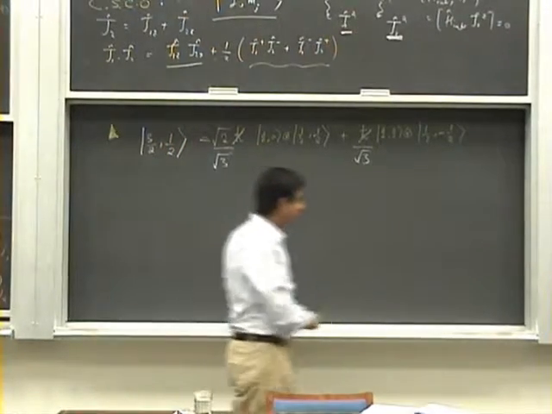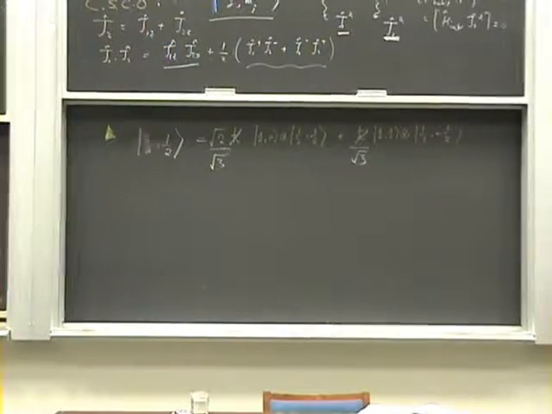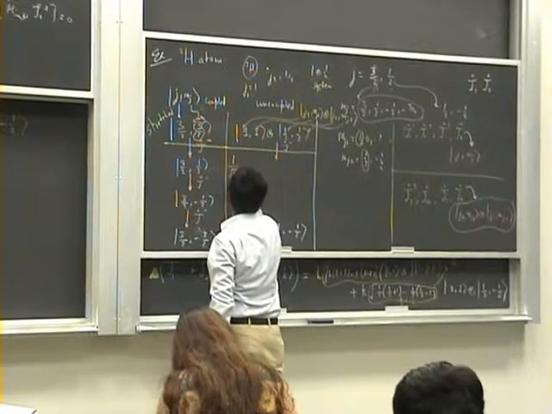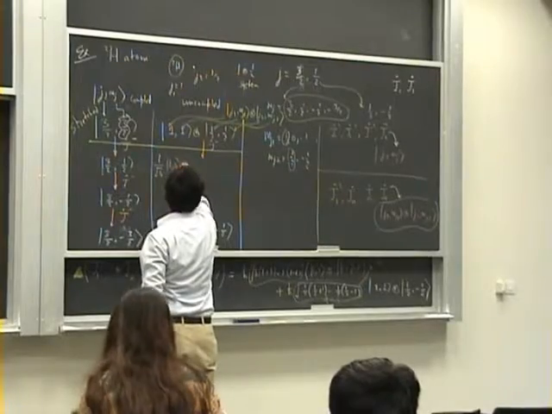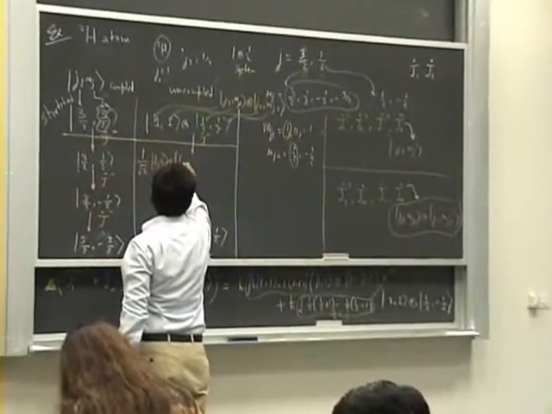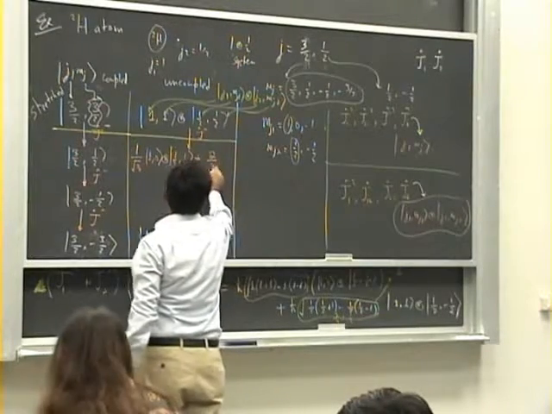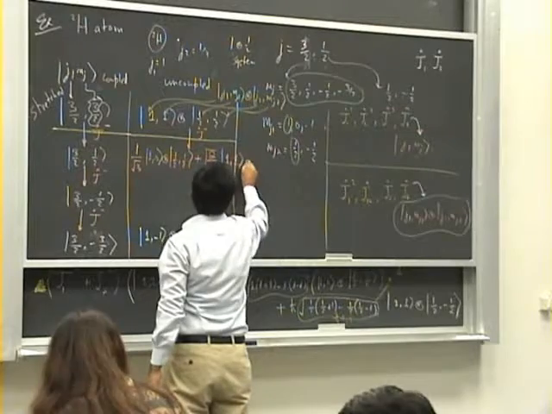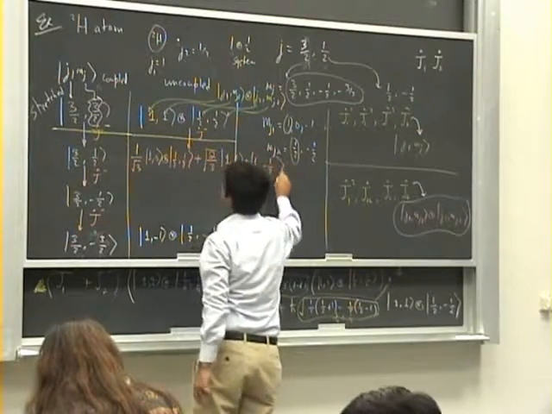So I can complete this entry in the table. This state is really equal to 1 over under root 3 times 1, 0 crossed with half, plus 2 over under root 3 times 1, 1 crossed with half, minus half.